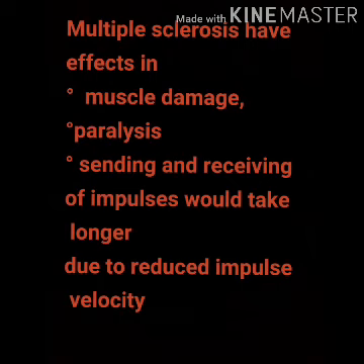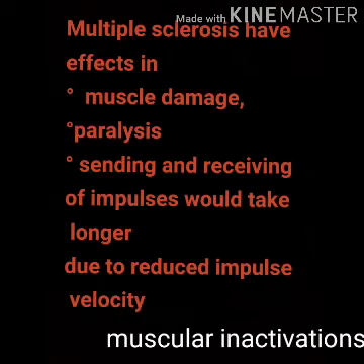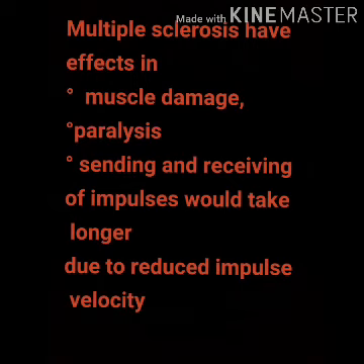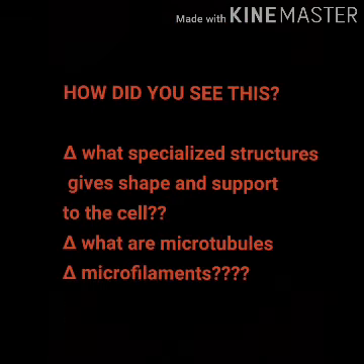We also have paralysis, which involves muscular inactivation. When this happens, sending and receiving of impulses will take a longer time, since there is already demyelination, and myelin helps to conduct impulses faster. Also, when all this occurs, it means that multiple sclerosis has bad effects.